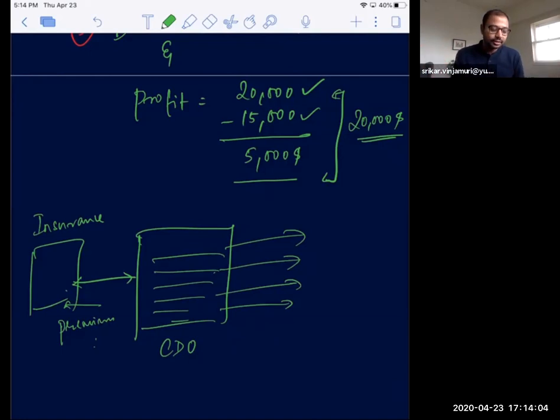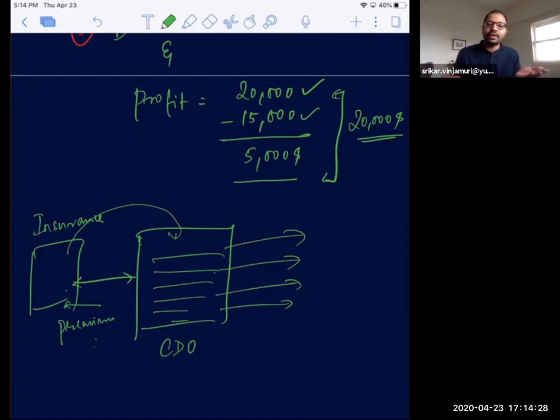Now AIG was not just doing the insurance business, they were also directly participating in the CDO market themselves. That's a whole other story, where one hand didn't know what the other was doing. One arm of AIG was very active in buying in the CDO market. The other hand was very busy writing insurance contracts against those CDOs.